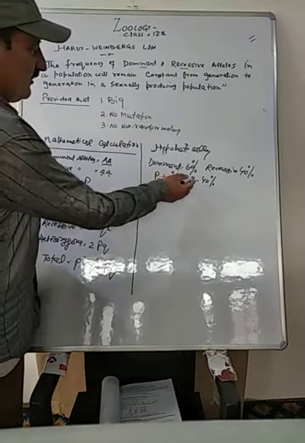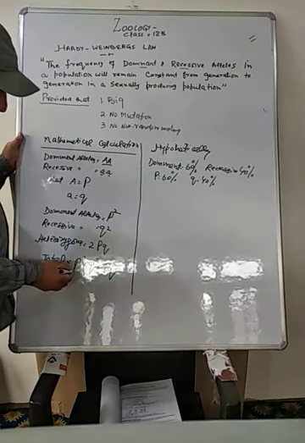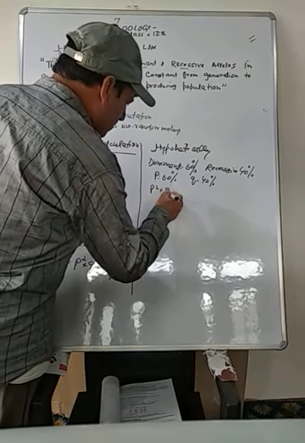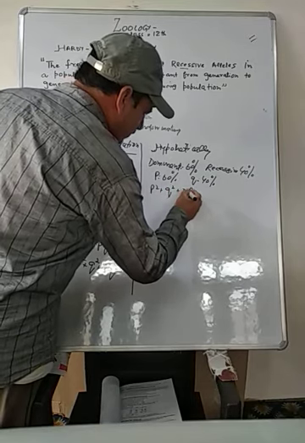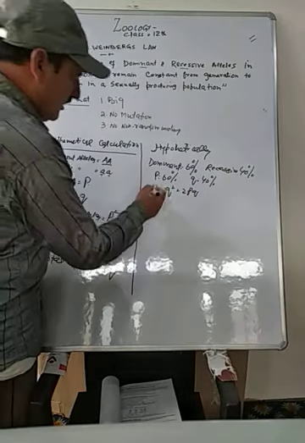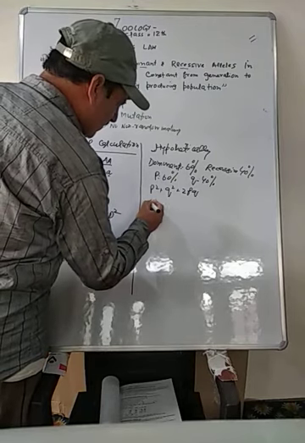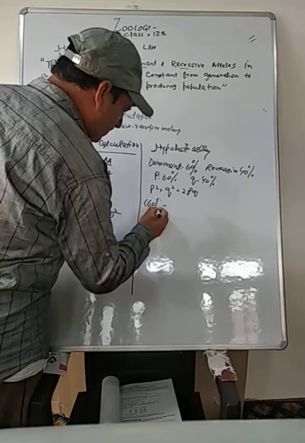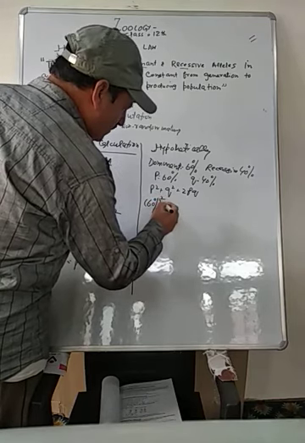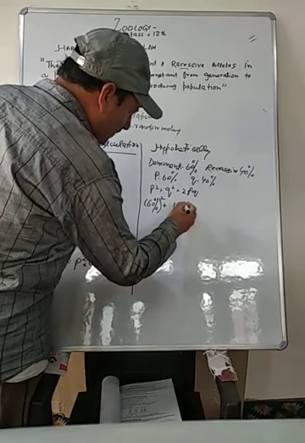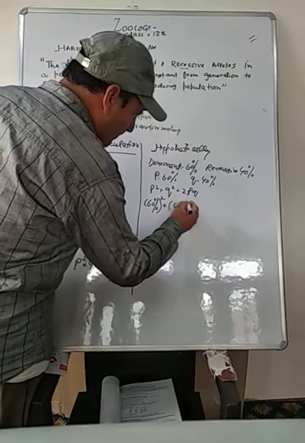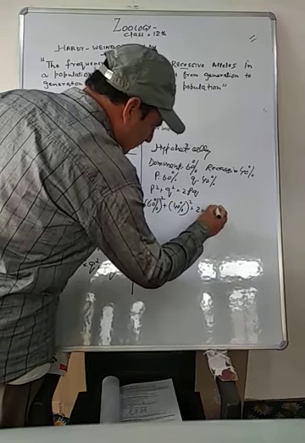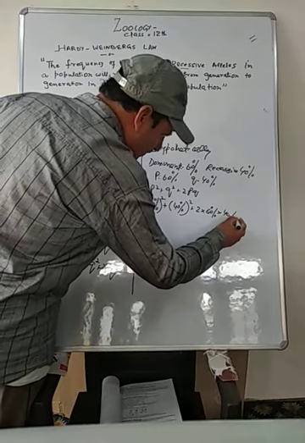And we will put this value in the equation: P square plus Q square plus 2PQ. P square means 60% square, plus Q square means 40% square, plus 2 into P, which is 60%, into Q, which is 40%.